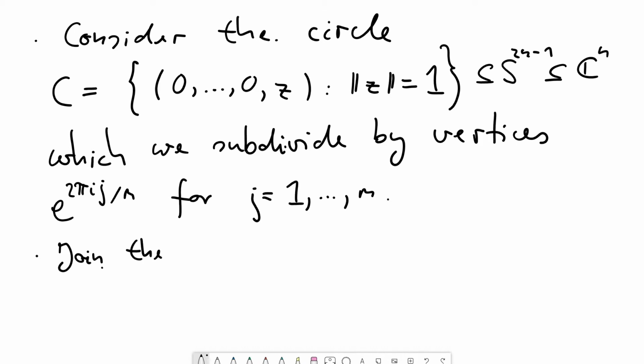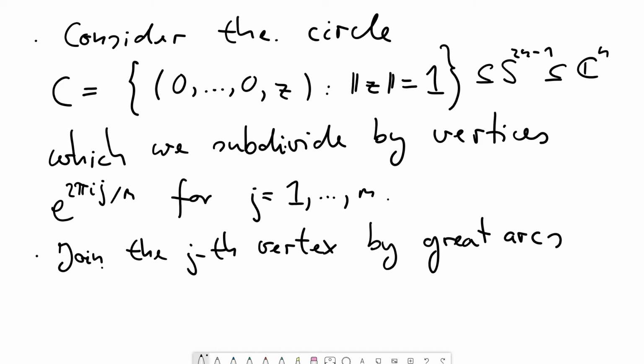So join the jth vertex by great arcs to the sphere of dimension 2n-3 that sits in the subspace C^(n-1) times the last coordinate set equal to 0.